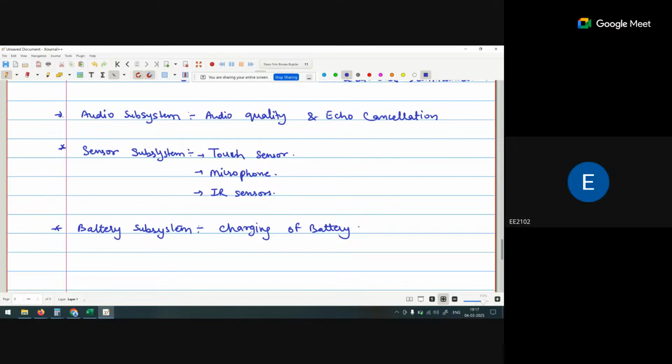Now, in this particular battery subsystem, when we are going to charge a battery, first is the battery charging percentage. Second, if the battery is 100% charged, it will automatically stop charging.